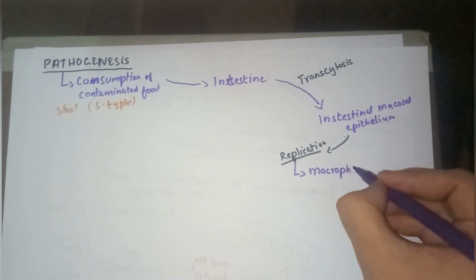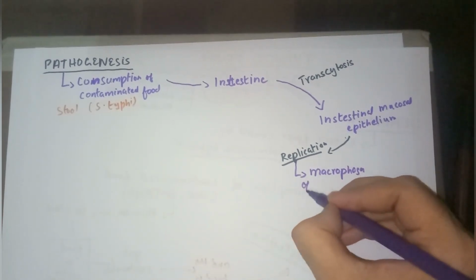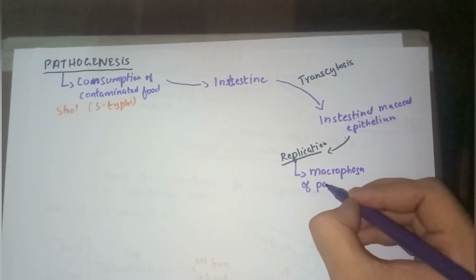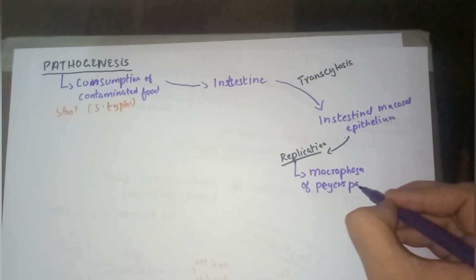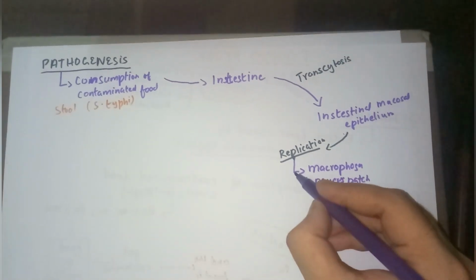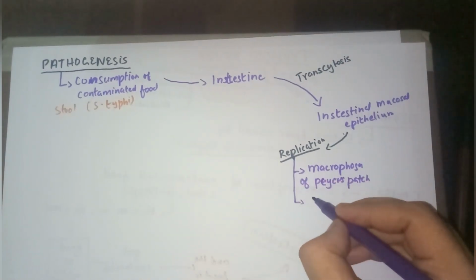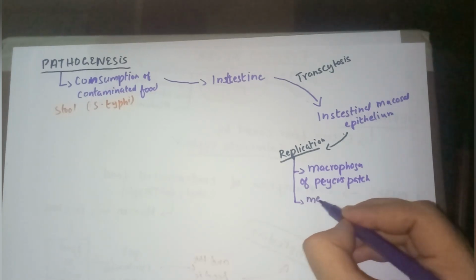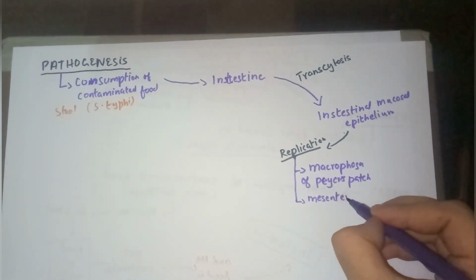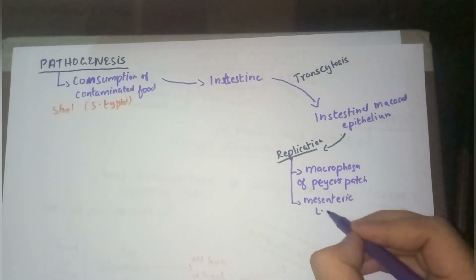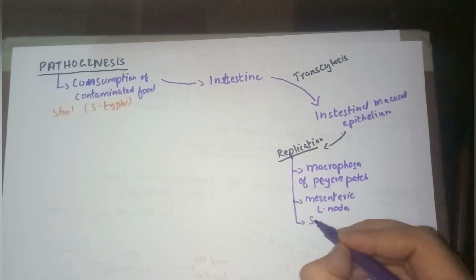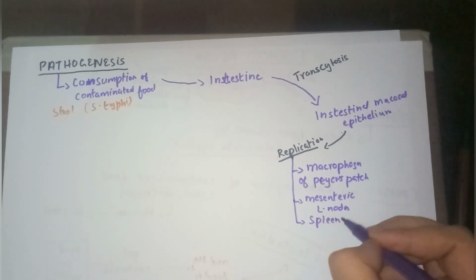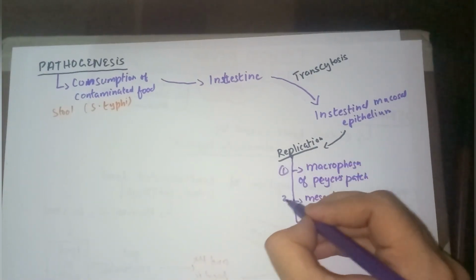Macrophages of Peyer's patch. Okay, macrophages of Peyer's patch, mesenteric lymph nodes, and the third place is the spleen. So it will start its replication in 3 places.